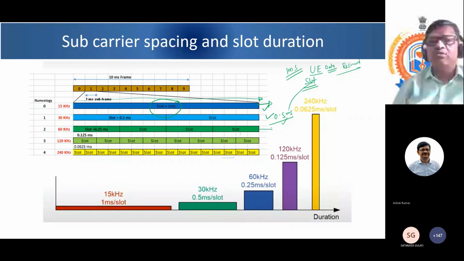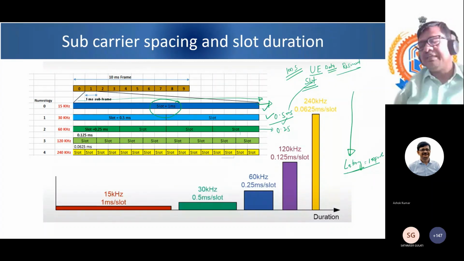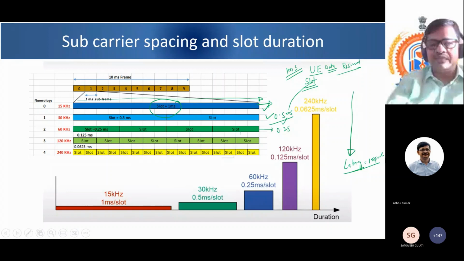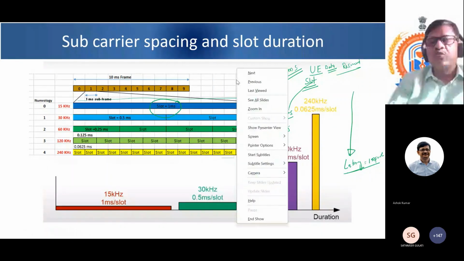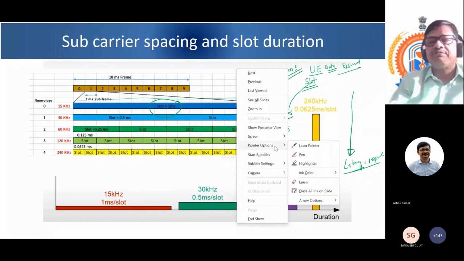If I use 60 kilohertz, it is 0.25. That means if I am going higher in numerology, my latency will also improve. Please understand this concept. For a latency-sensitive application, I need two things. One is that I should have a small coverage so that latency because of propagation is less.